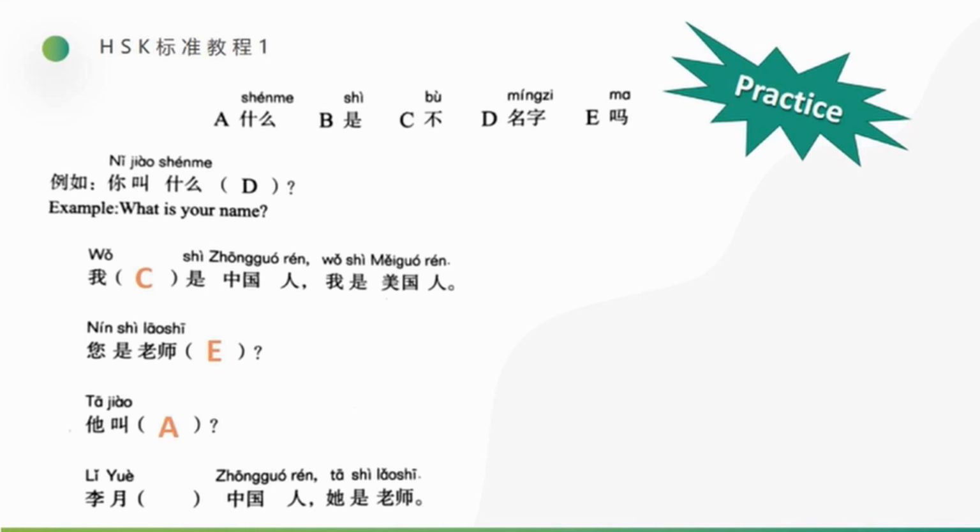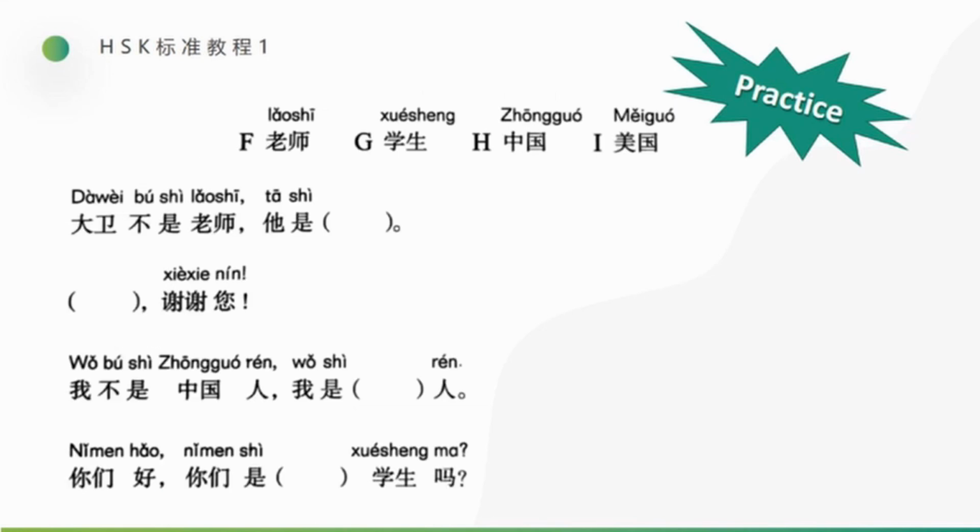We can also use 他叫什么 to ask one's name. Okay, next one. 李月是中国人，他是老师。Yes, we should choose B. Okay, next.